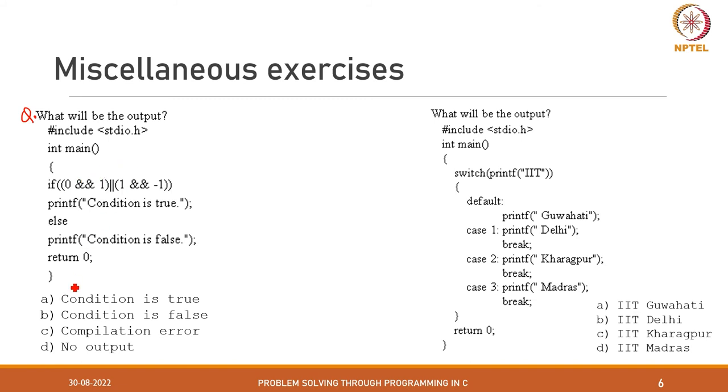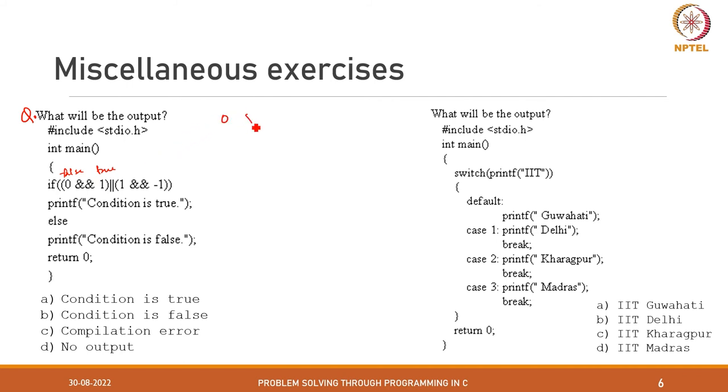Okay, let's see that. So here 0 and 1. Basically, I'm trying to do a logical AND between a false and a true. And as you know, when you do a logical AND between false and true, it will always give you false, right?